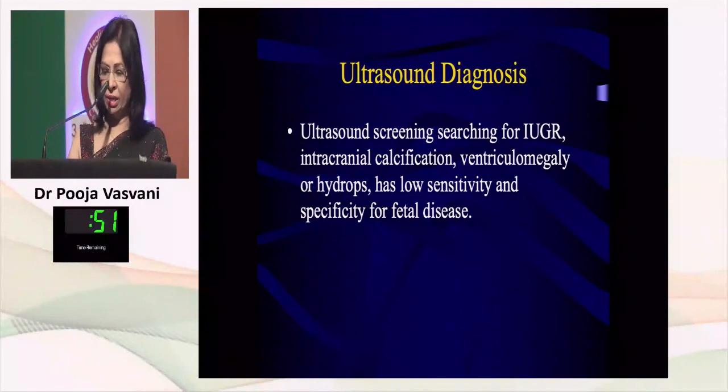The third option is ultrasound diagnosis, searching for various markers in the fetus, like intrauterine growth restriction, intracranial calcifications, ventriculomegaly, or hydrops, but it has low sensitivity and specificity for fetal disease.